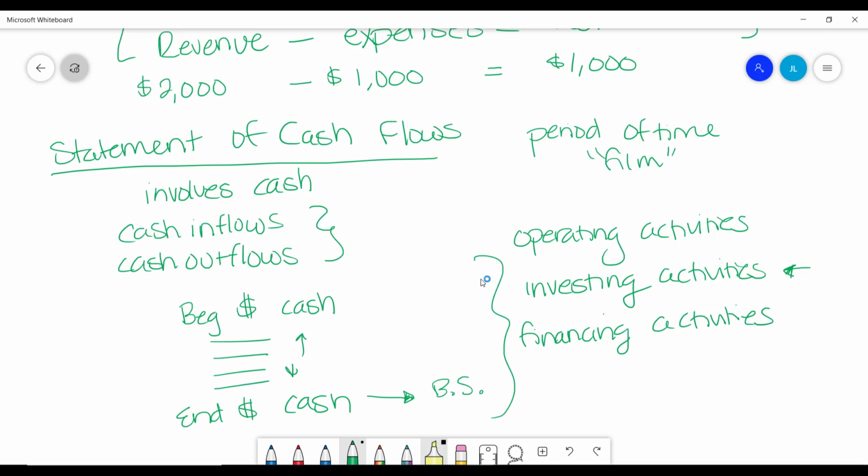So any cash coming in or out due to us investing back into the business. Another example is if the company bought an asset specifically to be resold for a profit; those cash flows would also be shown under that category.